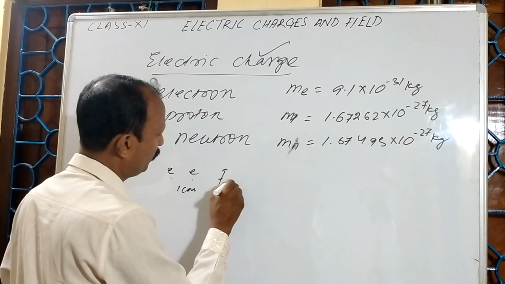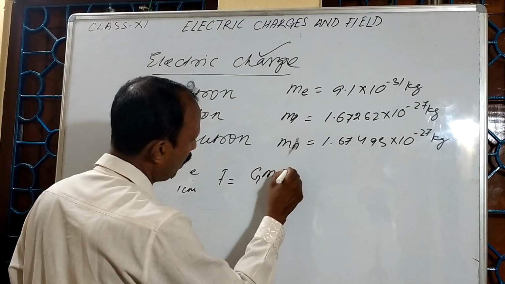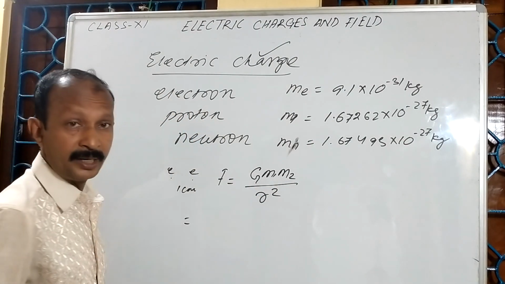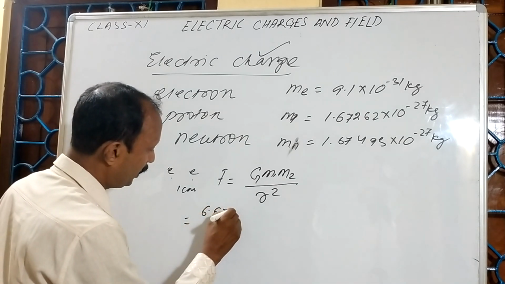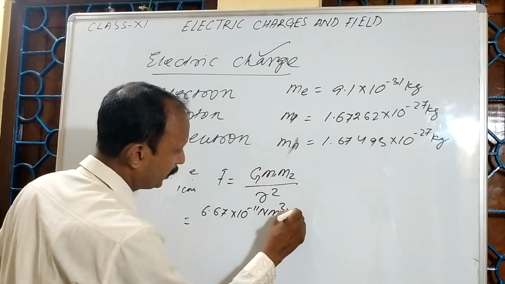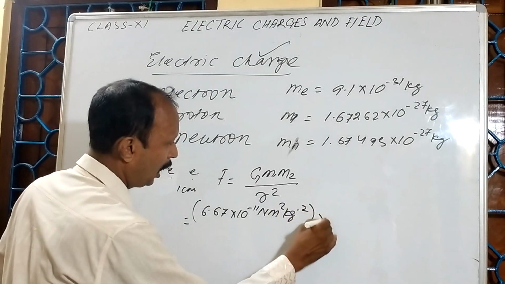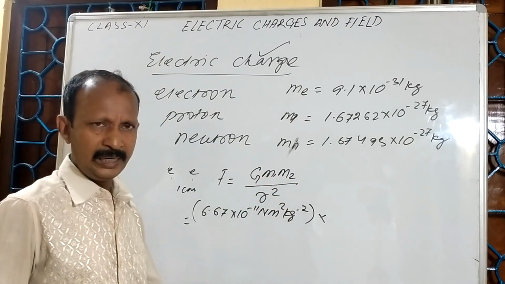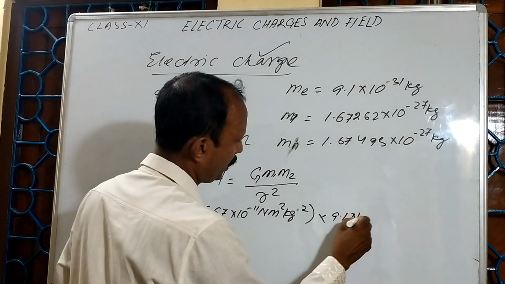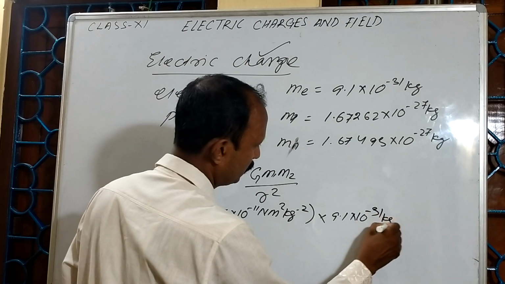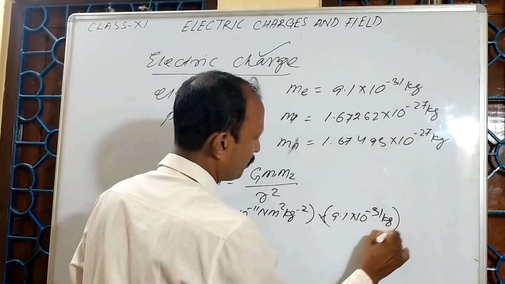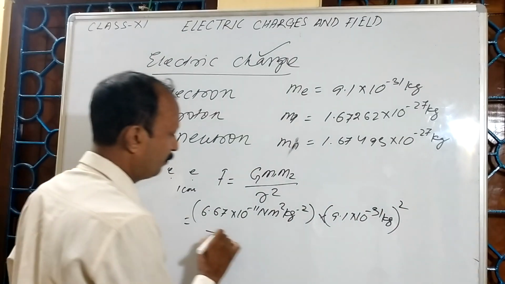If I use the formula F is equal to G m1 m2 by r square, where G is the gravitational constant 6.67 into 10 to the power minus 11 Newton meter square per kg square, and these two are electrons, I can write m1 and m2 as 9.1 into 10 to the power minus 31 kg, divided by r square.